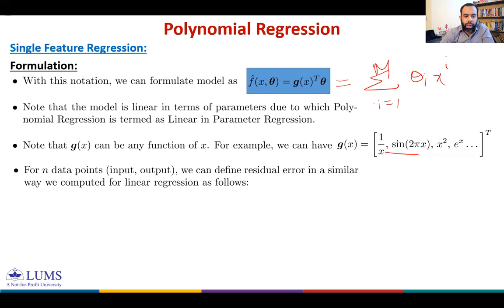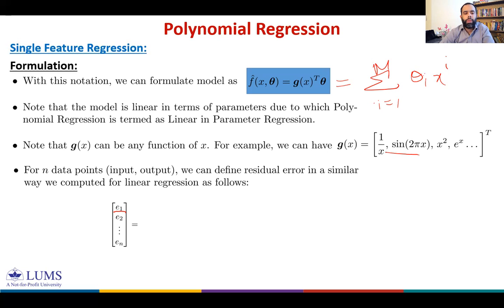For n data points, we have n different data points x, y. We can define the residual errors e1, e2, en. So e1 is the error for the first input output, e2 is for the second input output, and so on and so forth. How did we define error? Observed output minus the model output. That's how we define a residual error.